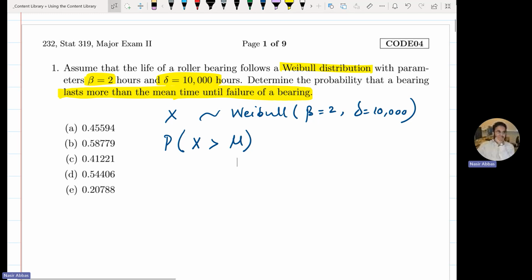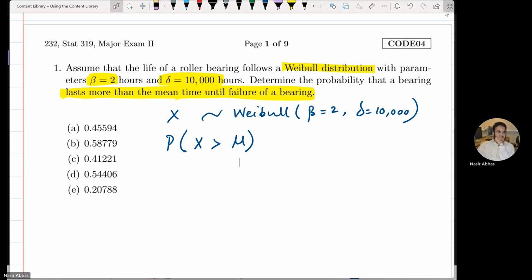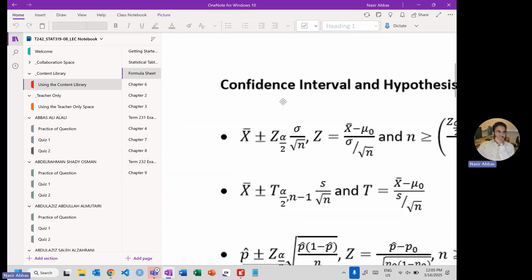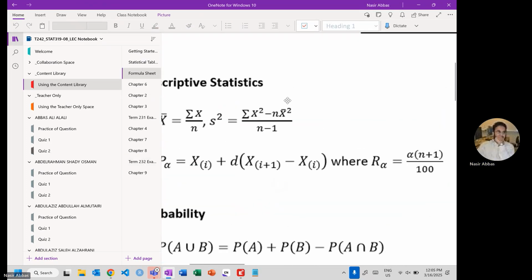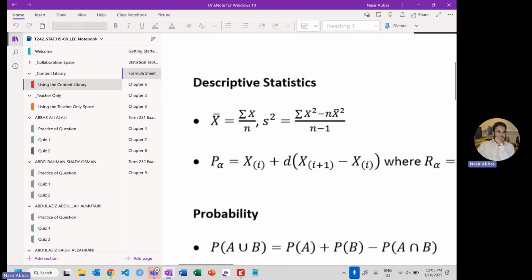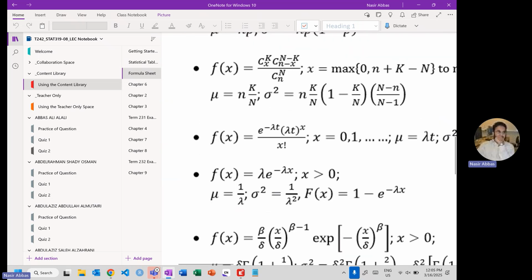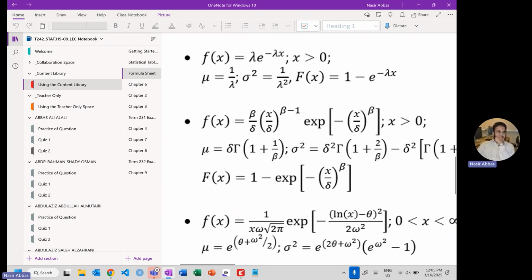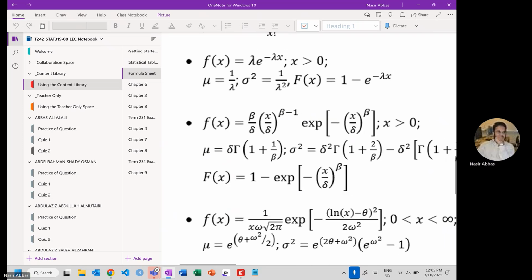And to find the mean, where will you go? You will go to the formula sheet. And when you go to the formula sheet, you will find the formulas related to Weibull distribution. Which one is Weibull distribution?